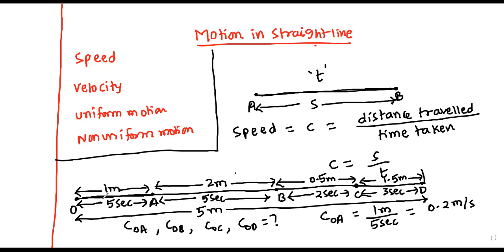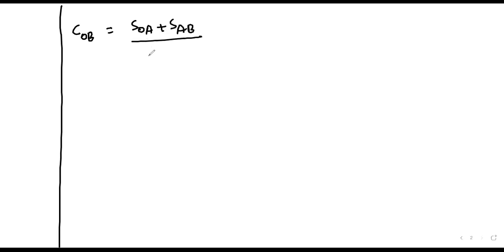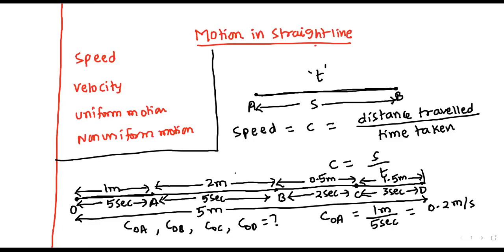Now OB, O to B. From A to B it is 2 meters and O to A it is 1 meter. So speed along OB is the distance traveled of OA plus distance traveled of AB, over the time taken of OA and time taken of AB. From O to B, the total distance traveled is 3 meters and the total time is 10 seconds.